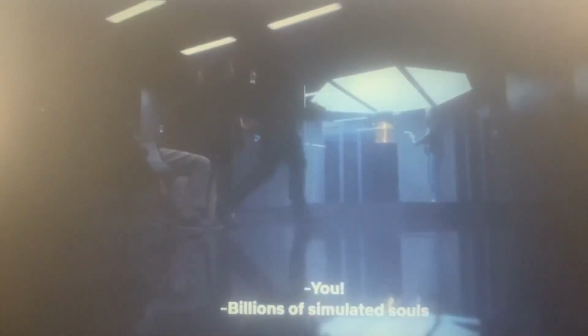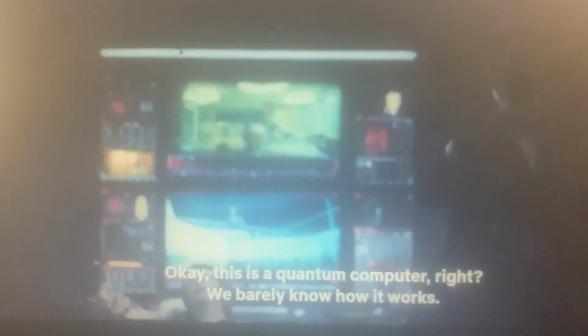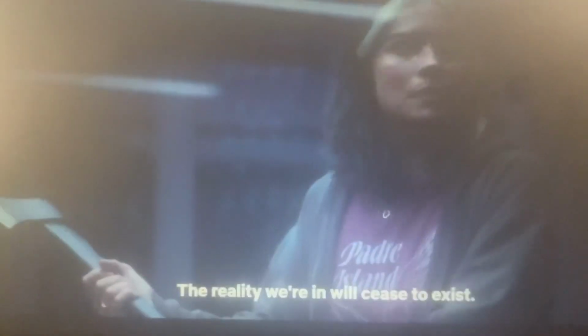If you destroy that, you destroy everybody inside every fictive universe above this one. You! Billions of simulated souls who consider themselves to be real will die. Do you really want all that blood on your hands? I mean, define blood for me here. Okay, this is a quantum computer, right? We barely know how it works. It's basically magic. The reality we're in will cease to exist. Would I die? Instantly. Put that axe down. Now! Listen to her, Joan.